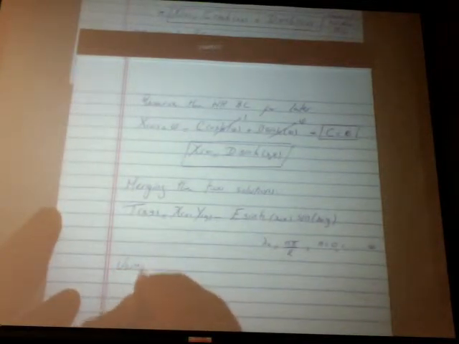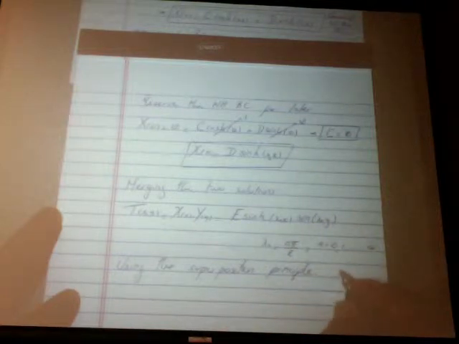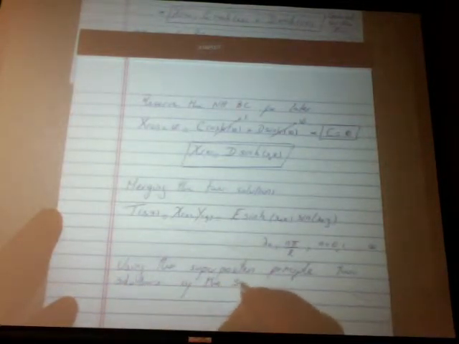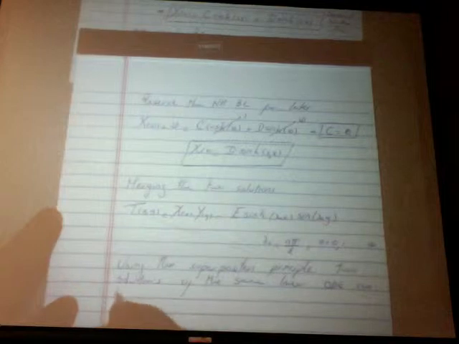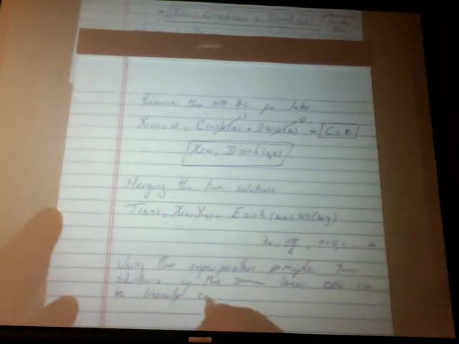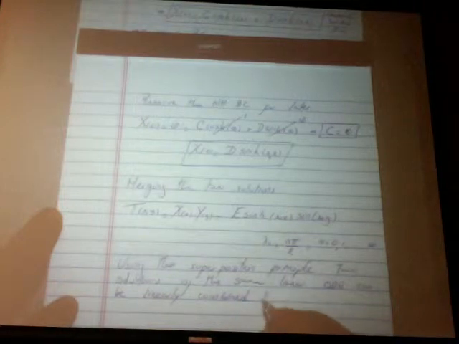So, if we apply that principle, using the superposition principle, which says basically two solutions of the same linear ODE can be linearly combined to produce a third solution.